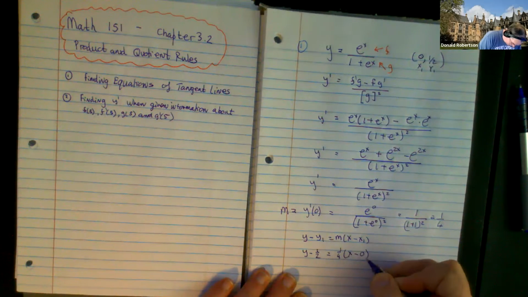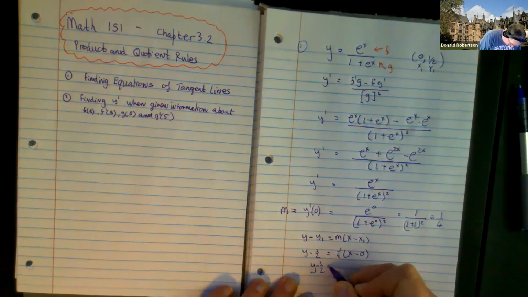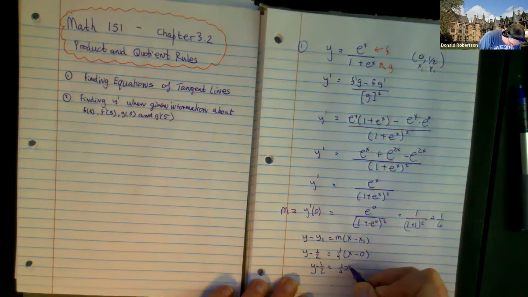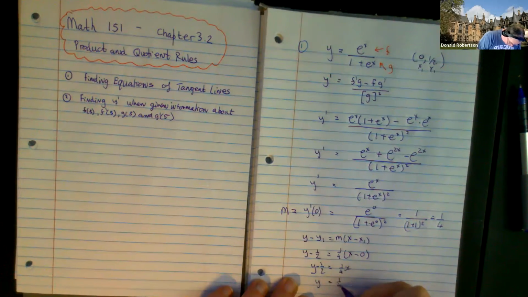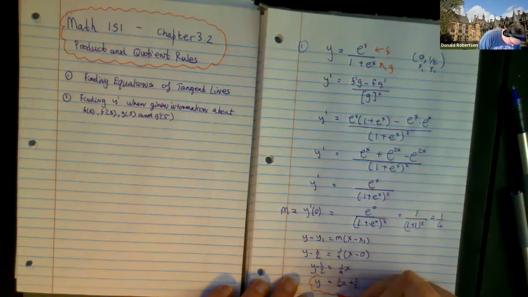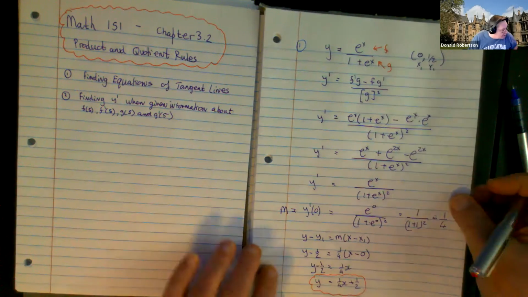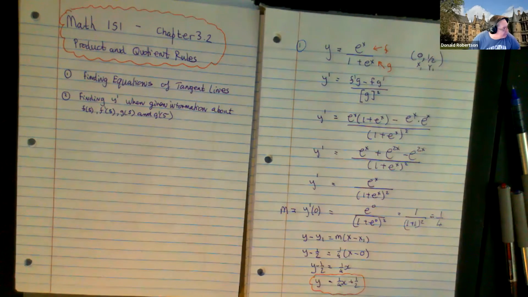And that's going to be y minus 1/2 equals 1/4 x. And then you add 1/2 to both sides, because typically equations of lines are written as y equals. In this case, y equals 1/4 x plus 1/2.